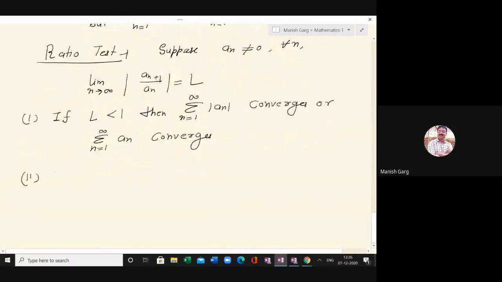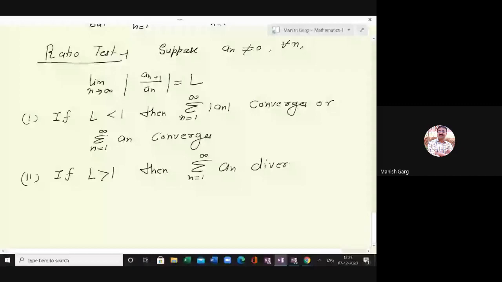So don't confuse. Now second, if L is greater than 1, the series diverges. Third point, if L is equal to 1, it says we cannot make any conclusion. You can say nothing.